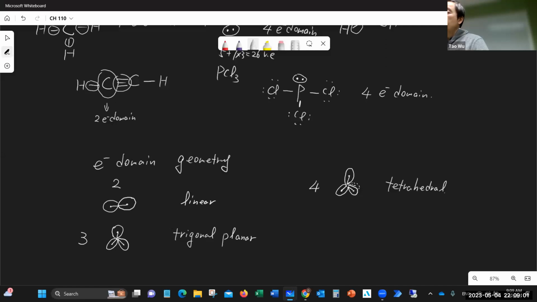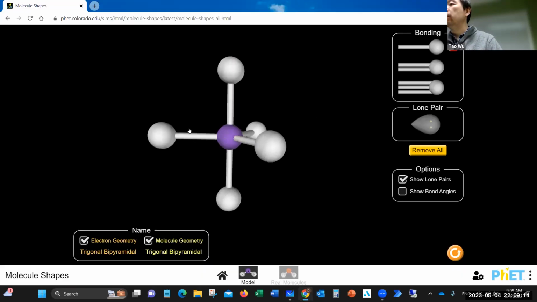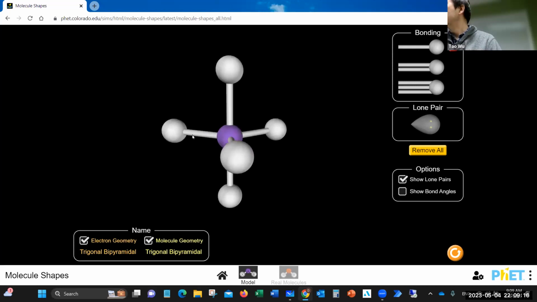And of course, we do have 5 and 6 electron domains over here. I'll just give you the names. If you have 5, then the geometry looks like this. This is called trigonal bipyramidal. The reason is they have three in the middle, so it looks like one pyramid on the top and another pyramid on the bottom. That's why they call it bipyramid.